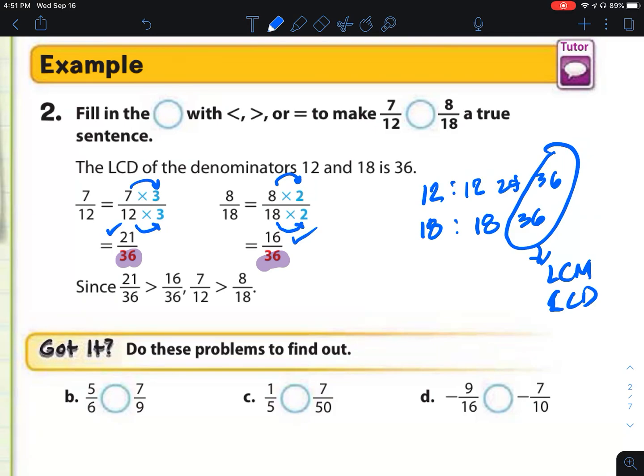And if you notice here, 21 is greater than 16. So 21 over 36 is greater than 16 over 36. Or if we go back to the original fractions, 7 over 12 is greater than 8 over 18. Now do the following problems on the questions that follow.